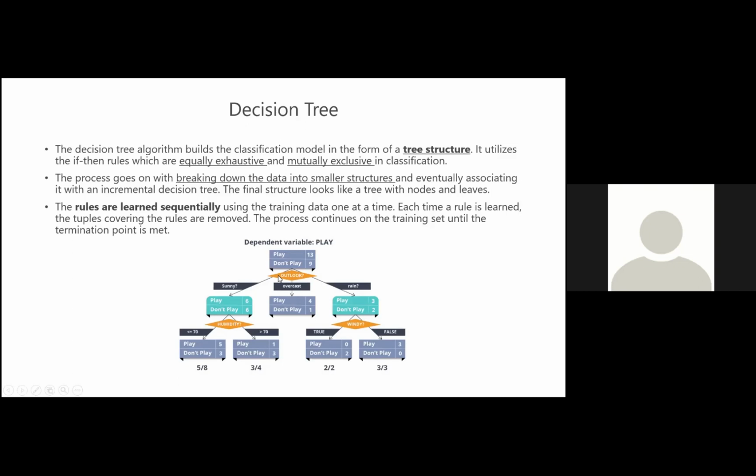Rules based on yes or no are learned by the classifier itself while doing the breaking. If a rule is learned, all the points that follow the rule are removed from the training data set. This process continues until the tree is formed and the termination criteria is met.